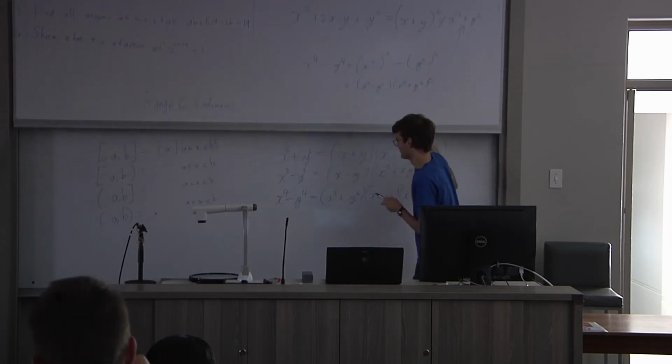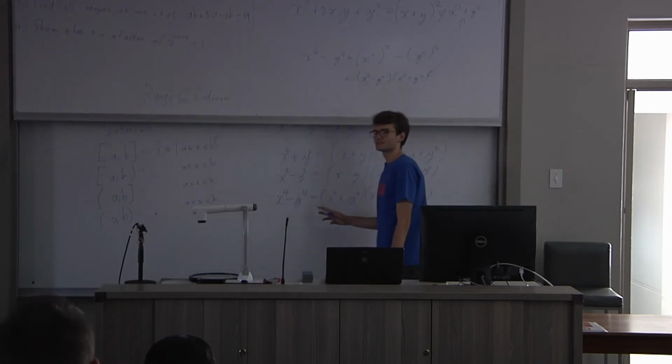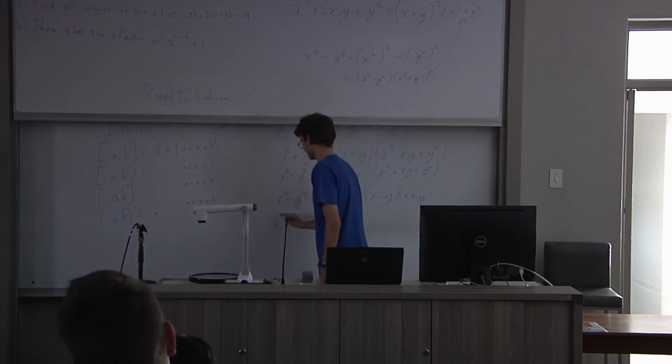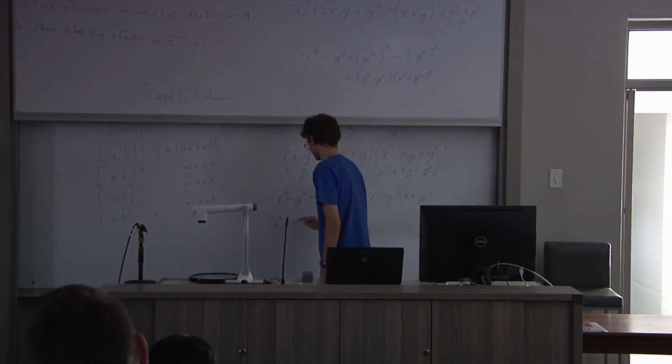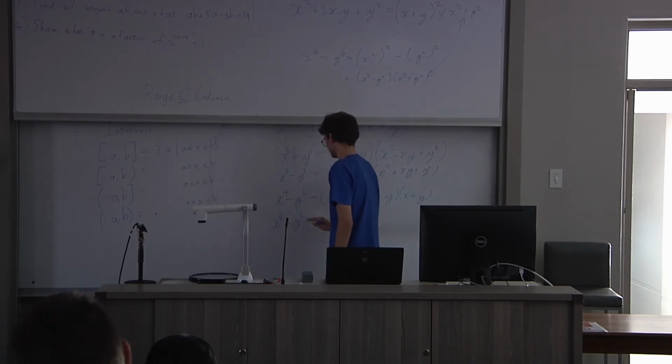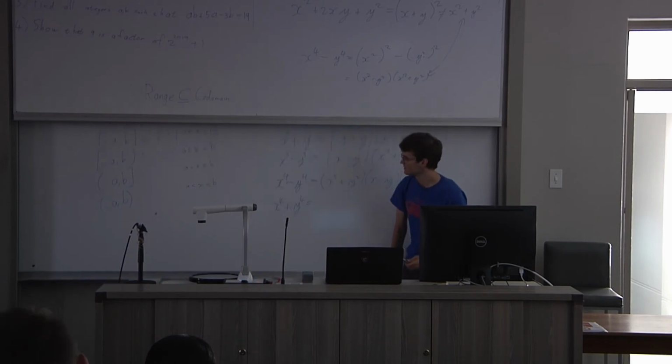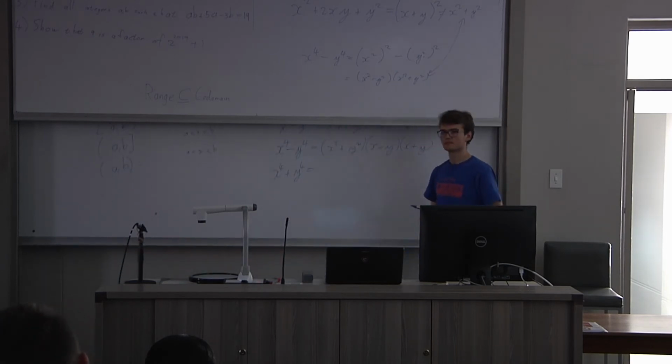Next one. Can you guess what the next one will be? x to the 4 plus 1, or x to the 4 plus y to the 4. You seem uncertain.